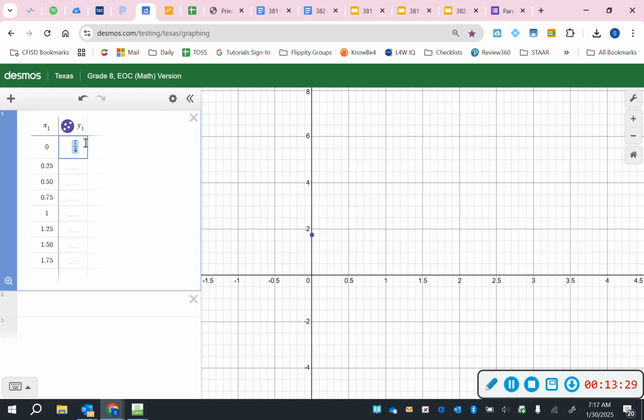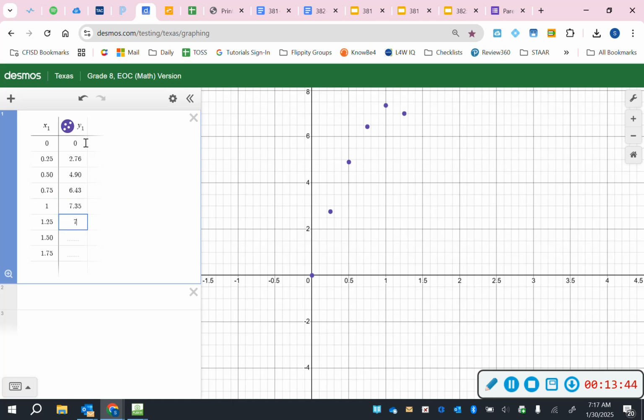And then we got 0, 2.76, 4.94, 6.43, 7.35, 7.66, 7.35, and 6.43. Okay, so here's our graph so far.